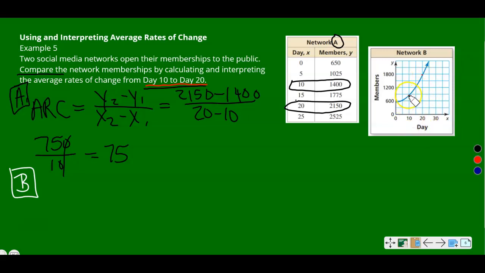So let's say this is 10, and if this is 600 and this is 1200, that means this is about 900. It looks like it's just below 900. Let's just use 900. So we're going to say 10, 900 is one point. And then we're going to say 20, and let's say 1800.